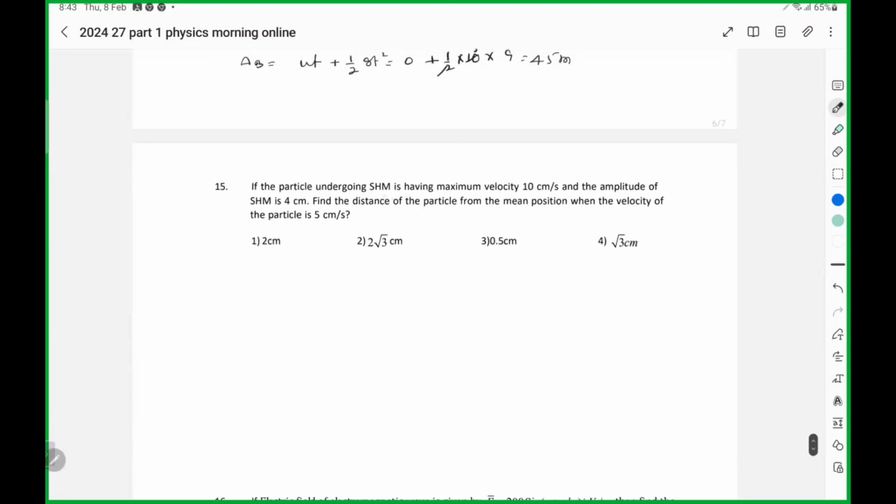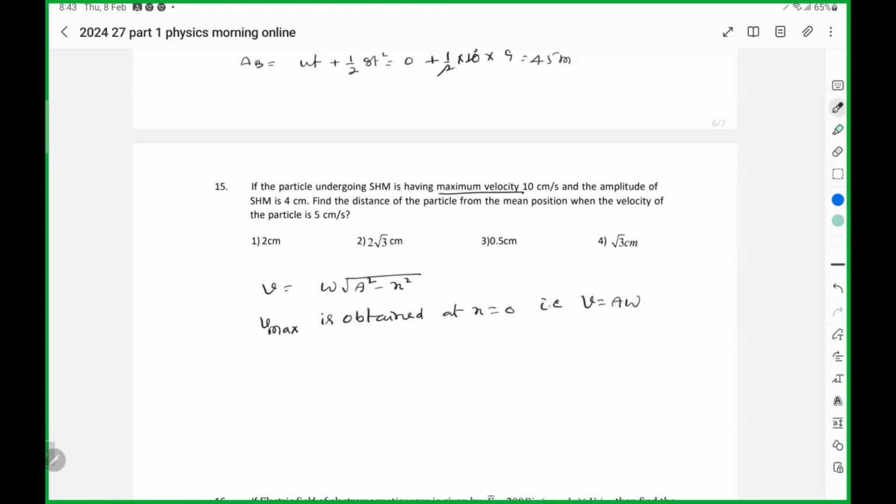Here the particle is undergoing SHM. Any particle executing SHM has its maximum velocity obtained at x equal to 0.